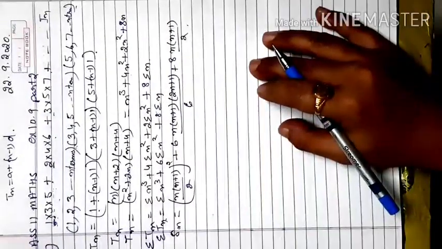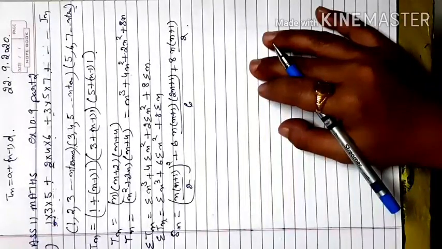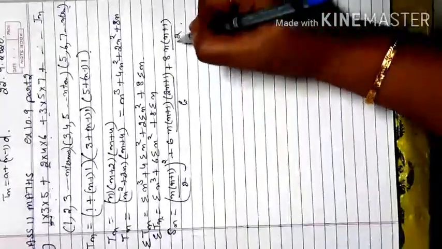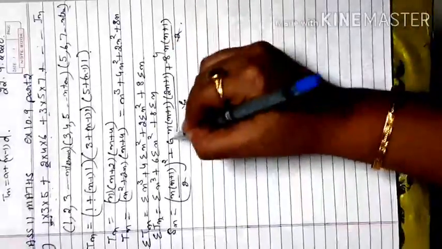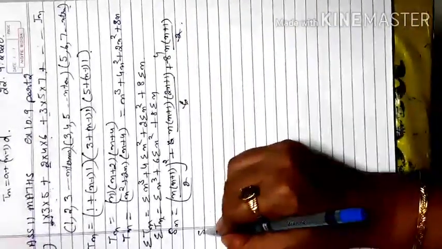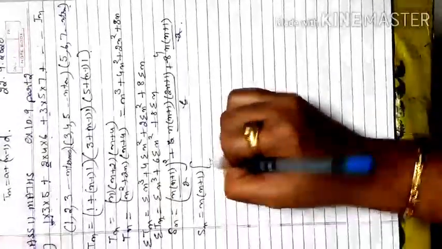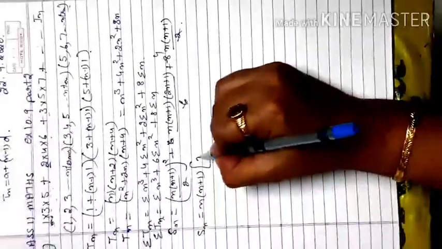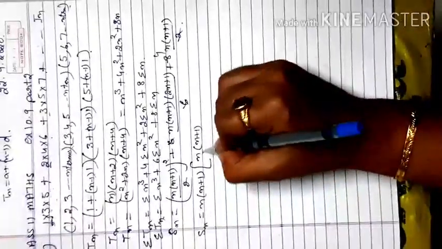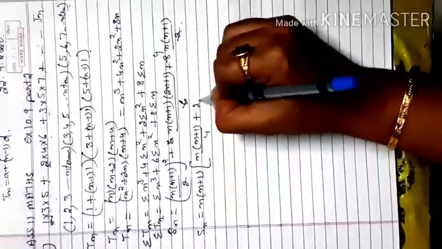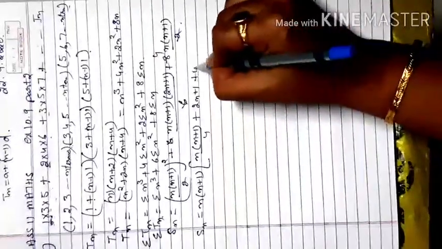So now we try to cancel these terms. Here 2 4s are 8, and 6 will be cancelled. So I will take common n into n plus 1. What is left inside the bracket? N into n plus 1 by 4 plus 2n plus 1 plus 4.